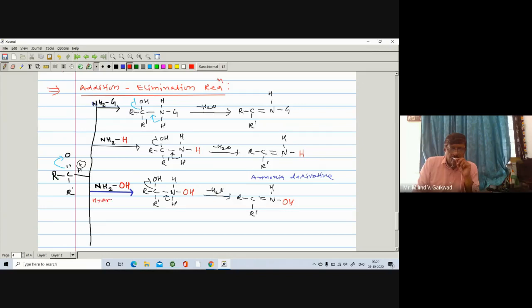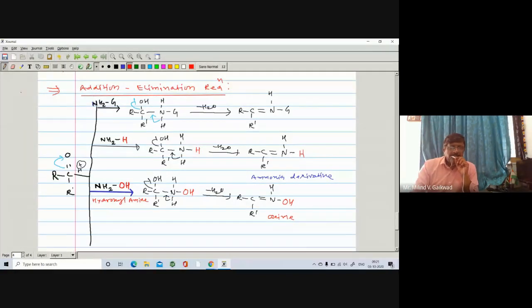NH2OH is called hydroxylamine, right? So you get the corresponding oxime. If it is a ketone, it is a ketoxime, and for acetaldehyde, acetaldehyde oxime, right? So you get the corresponding oxime.